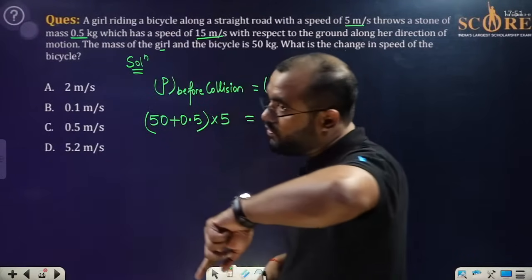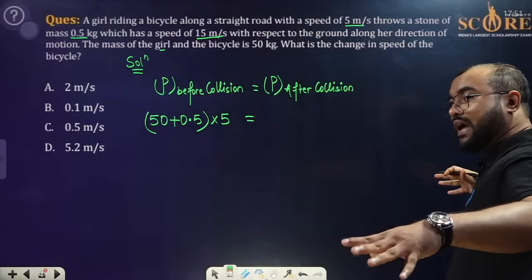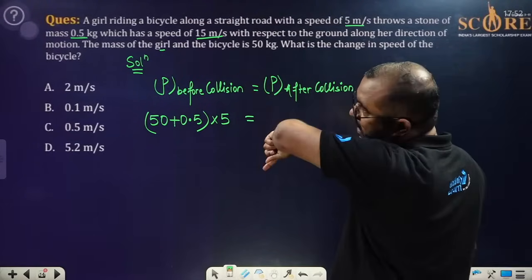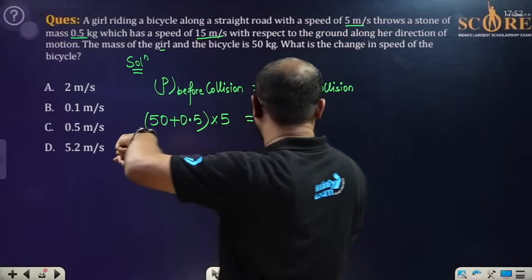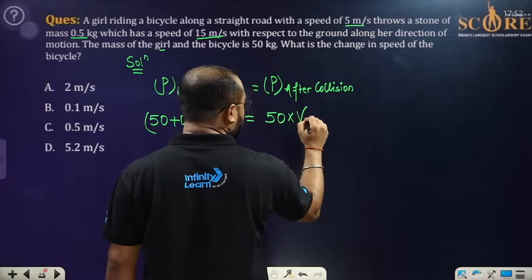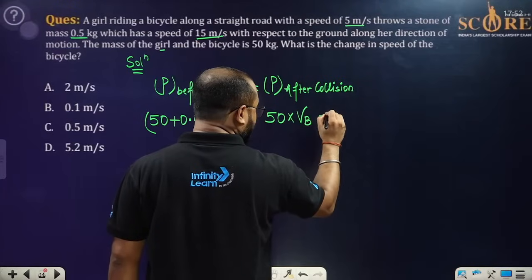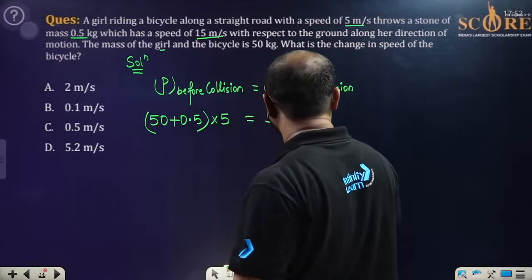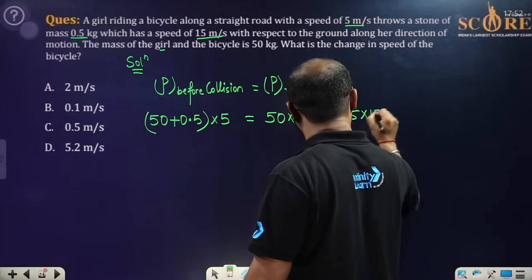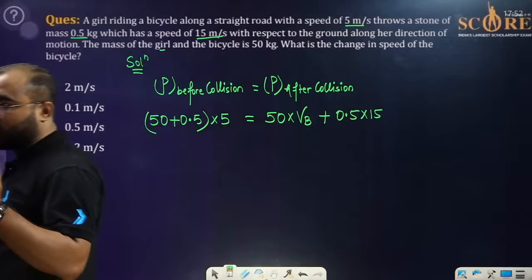After the collision, what has happened? Now they have been separated. The mass of the girl, including the bicycle, that is 50, multiplied by the velocity of the bicycle, plus the stone, that is 0.5 multiplied by its speed, that is 15. Law of conservation of momentum, people.